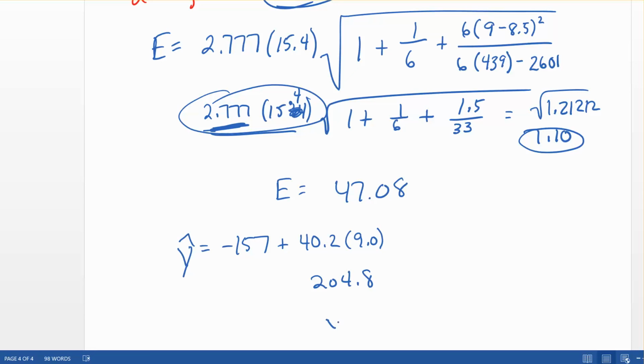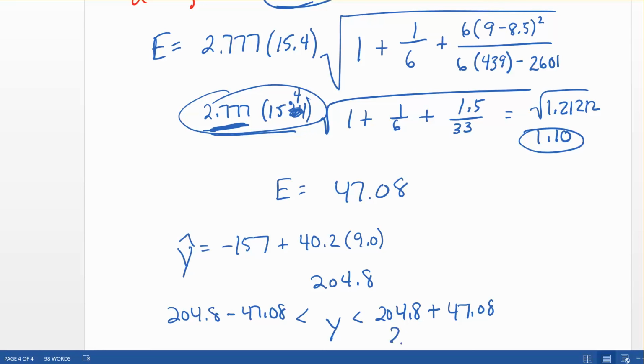So we can say with 95% confidence that the actual weight of the seal is going to fall between 204.8 plus our margin of error, 47.08, and 204.8 minus our margin of error, 47.08.